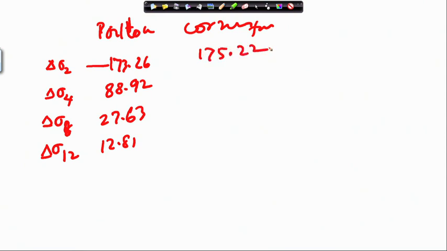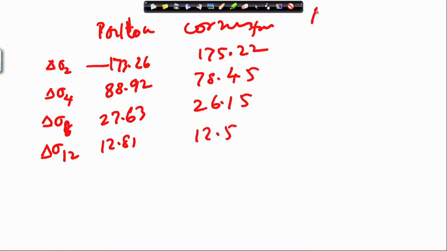Now by corner formula we have got 175.22, then 78.45, then 26.15, and then 12.5.